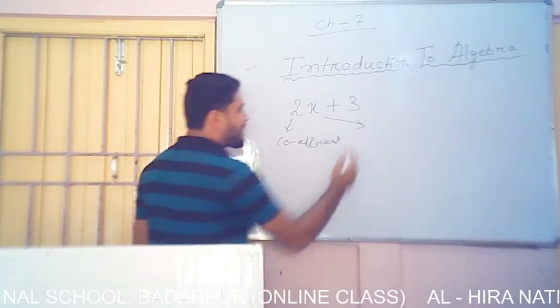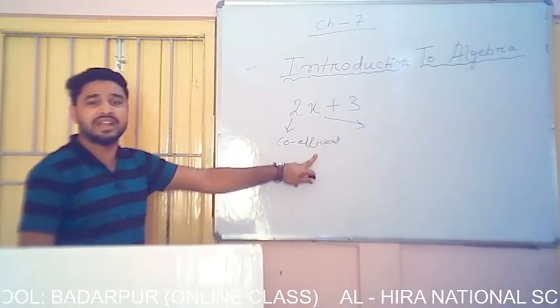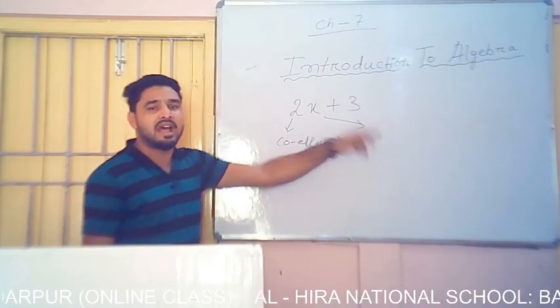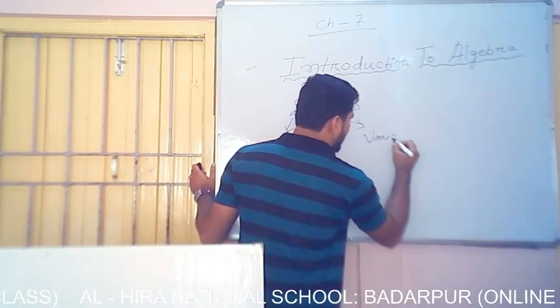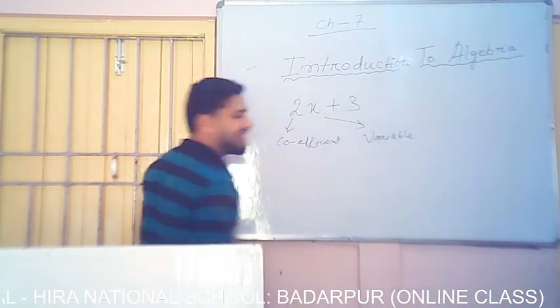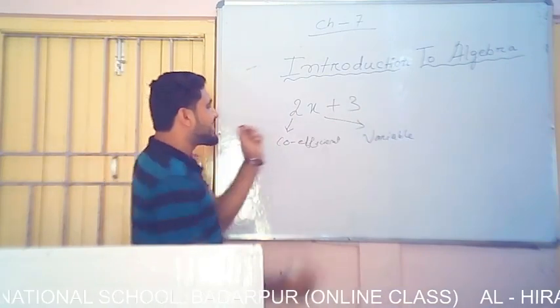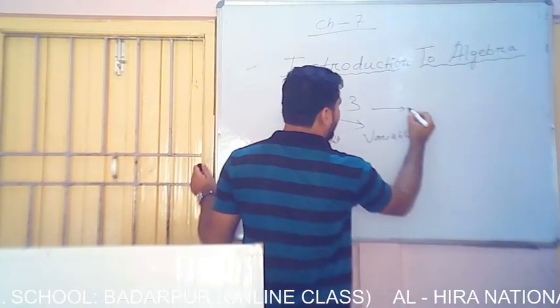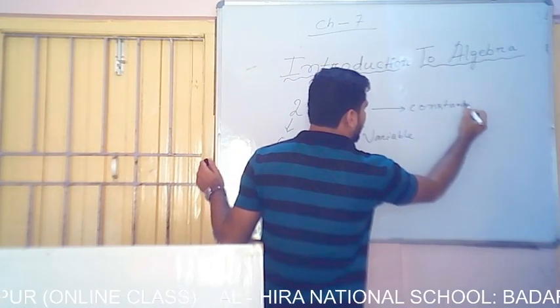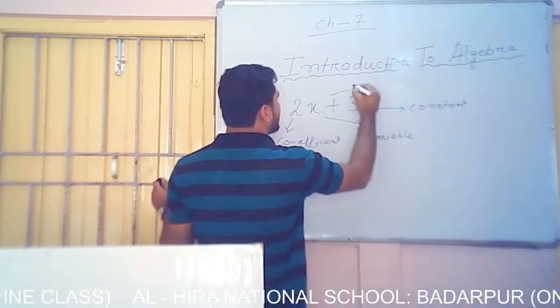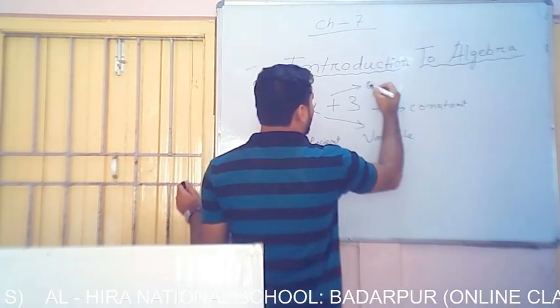2 is the coefficient and x is the variable. And 3 is the constant. And plus is the operator.